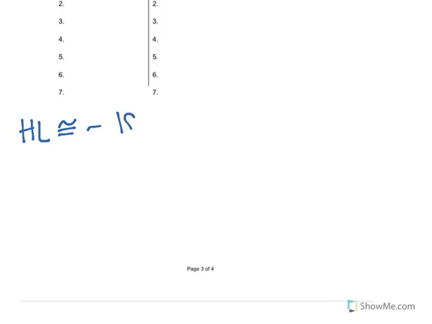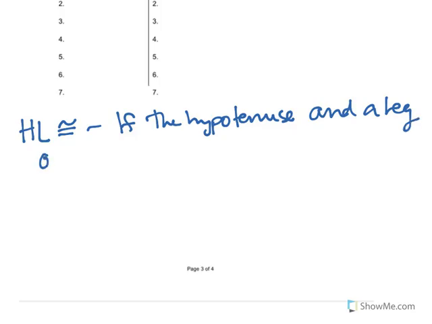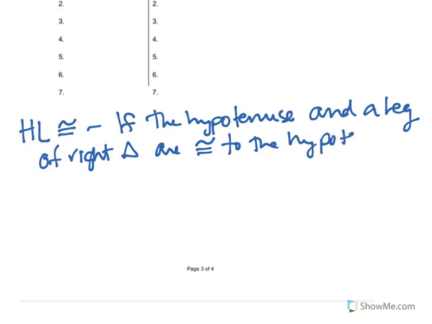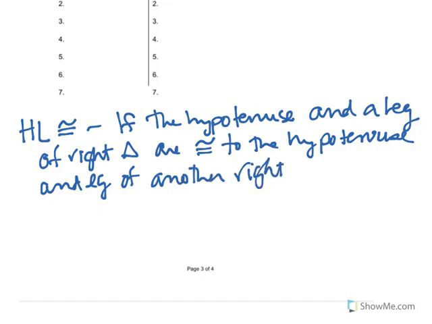And we say if the hypotenuse and a leg of a right triangle are congruent to the hypotenuse and leg of another right triangle, then the triangles are congruent.